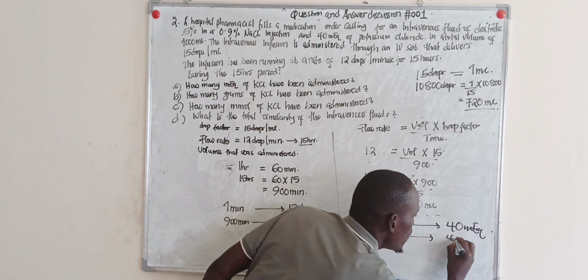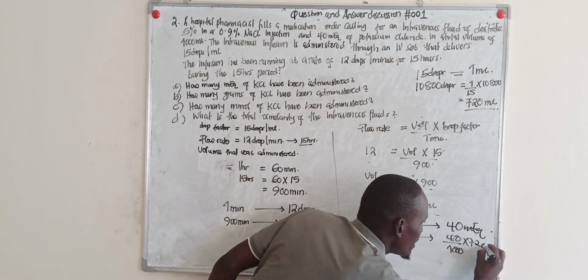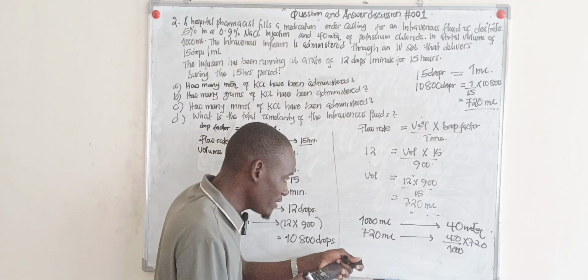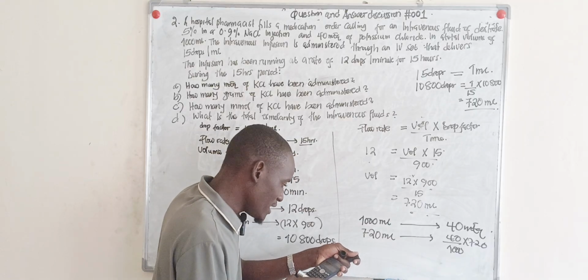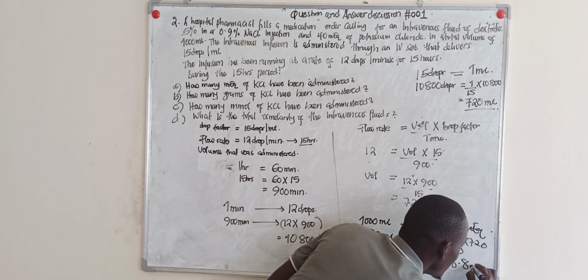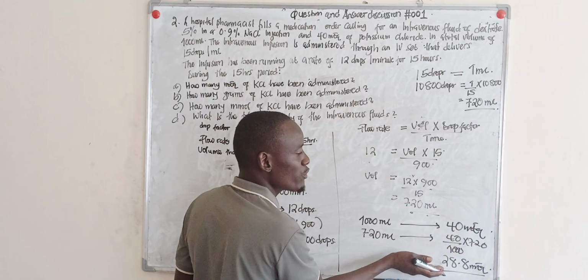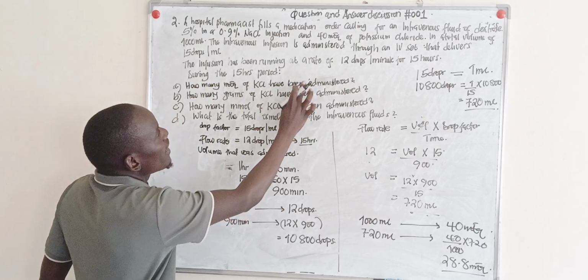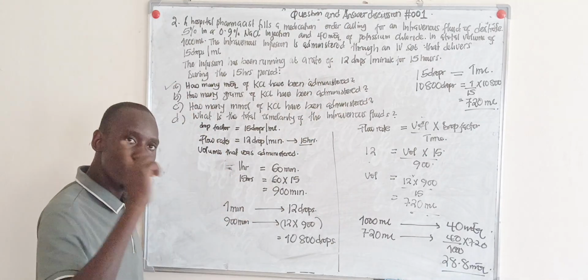It will contain 40 divided by 1,000 times 720. And when we compute that, this will give us 28.80 milliequivalents. So this is the amount of milliequivalents that was delivered in the 15 hours. That is our question 1.